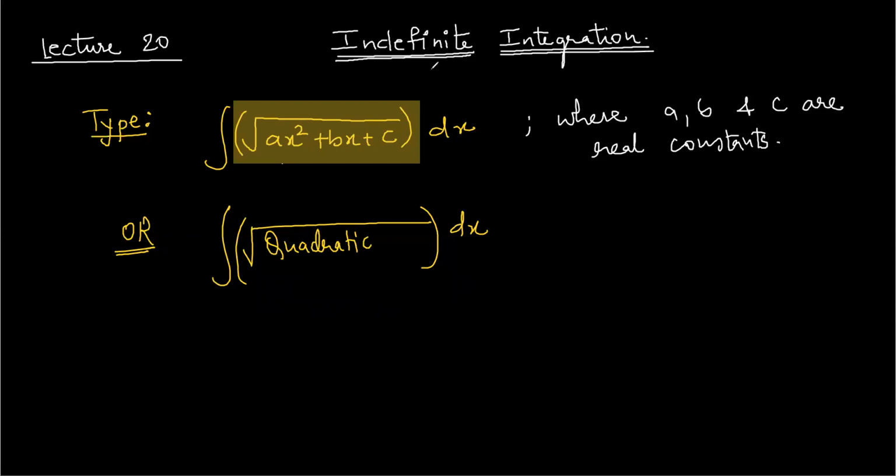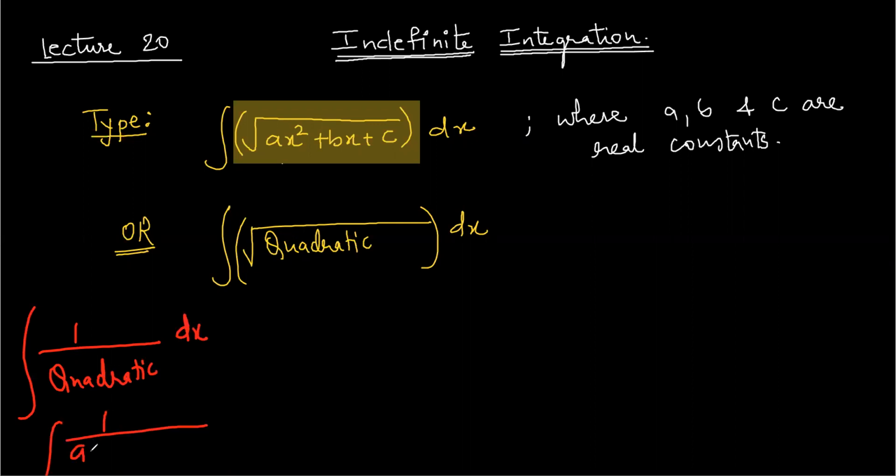So students, you must have understood that what we are doing today is in continuation with what you had done earlier. If you remember, we have done the type 1 upon quadratic dx, that is, we integrated 1 upon ax square plus bx plus c dx. We did this when we learned the first set of theories.